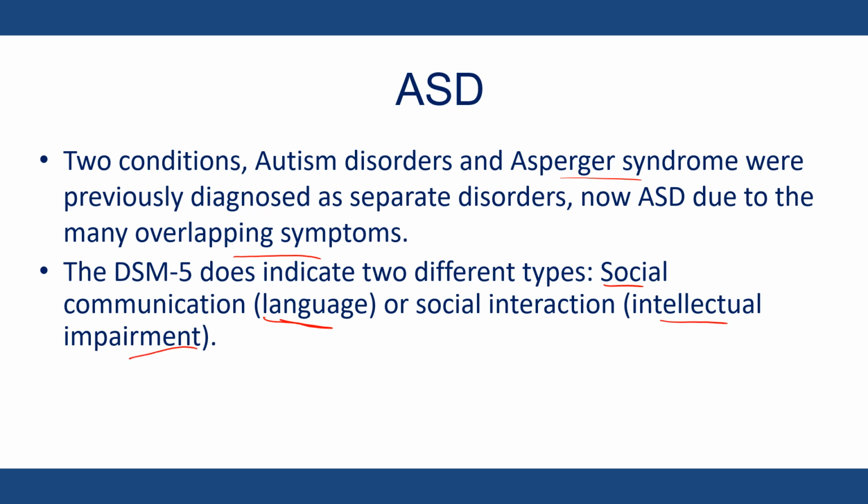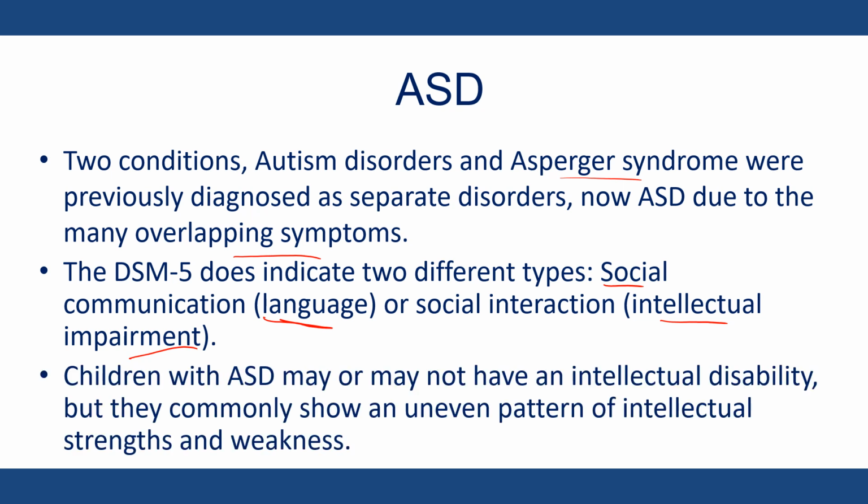So always keep those two things in mind: language and intellectual impairment. So in other words, communication and social interaction. All right, children with ASD may or may not have intellectual disability, but they commonly show an uneven pattern of intellectual strength and weakness. Hence, it's on a spectrum.